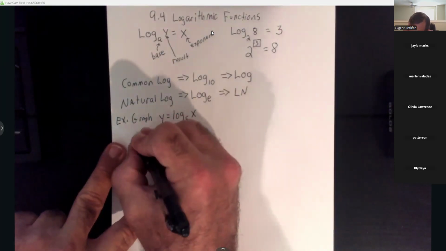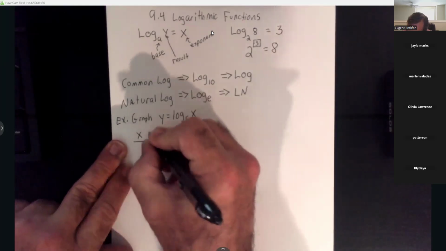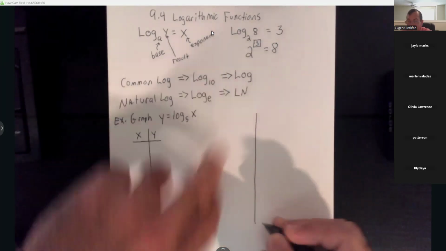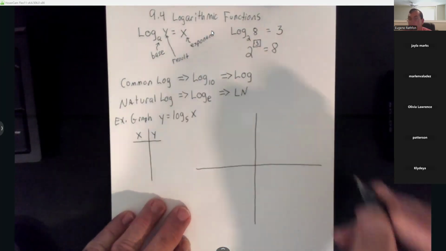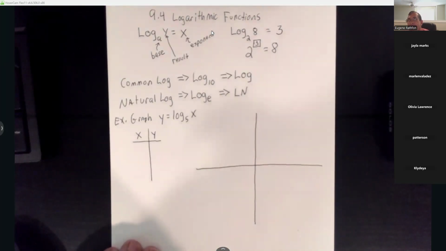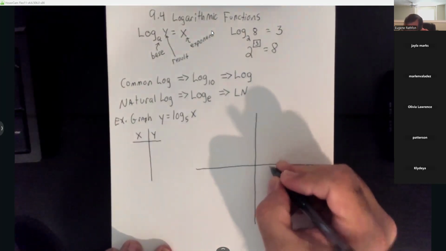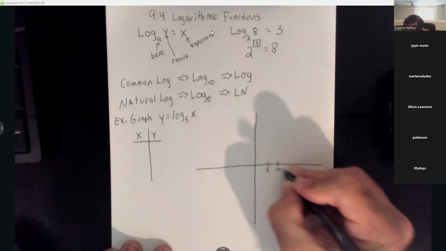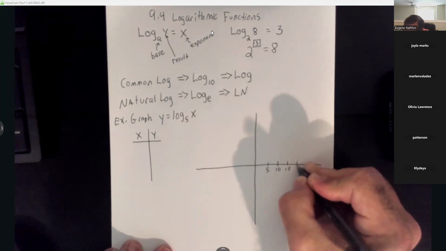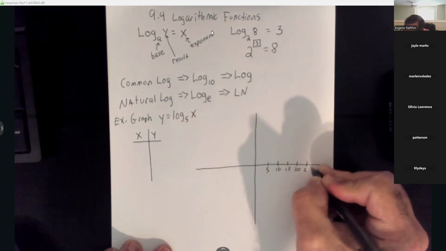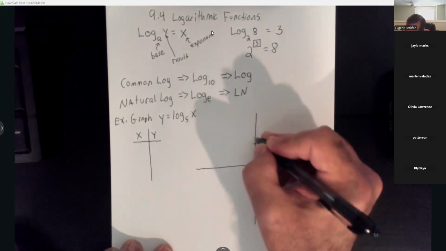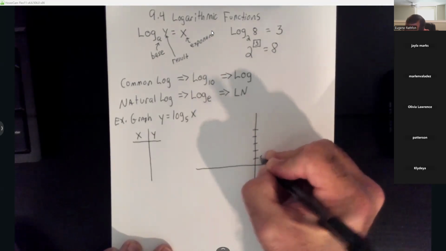So if I was going to graph this, and then let me do a little graph here, because all these graphs have a similar shape, just like the exponential graphs did, okay? Now this one, since I'm dealing with a 5, I'm going to go by 5s. Same thing here.